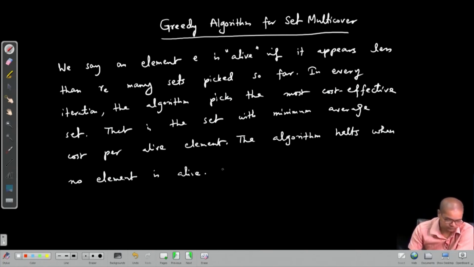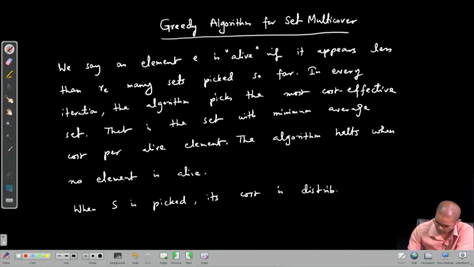So when S is picked, its cost is distributed equally among the alive elements that it covers.